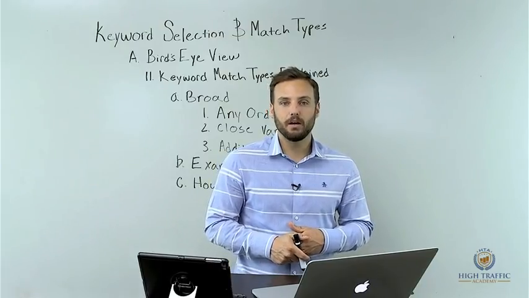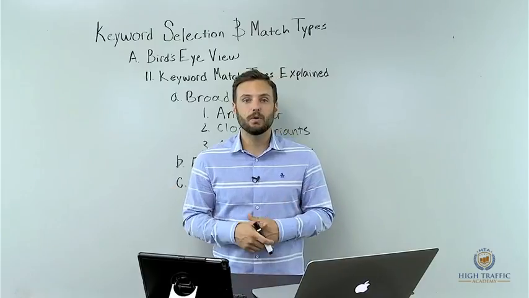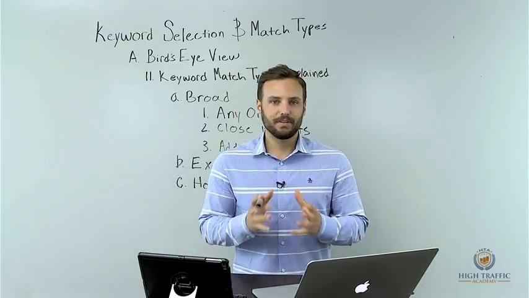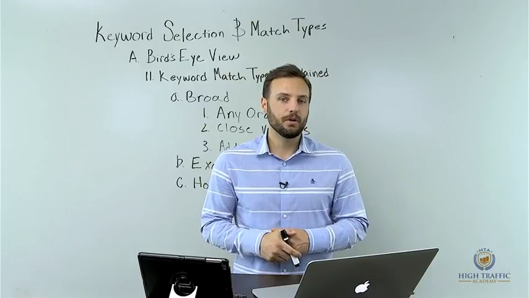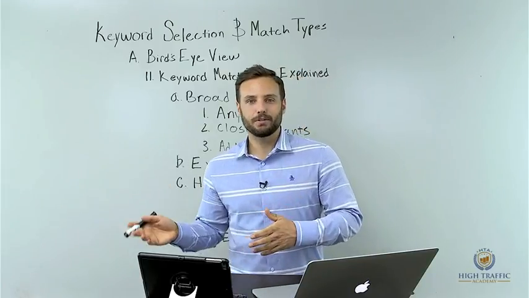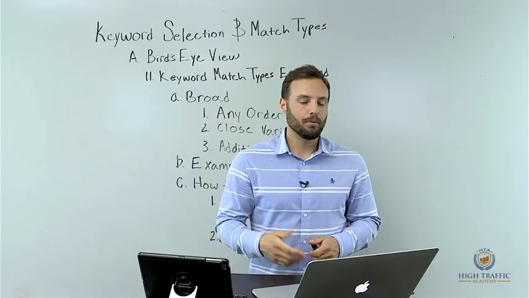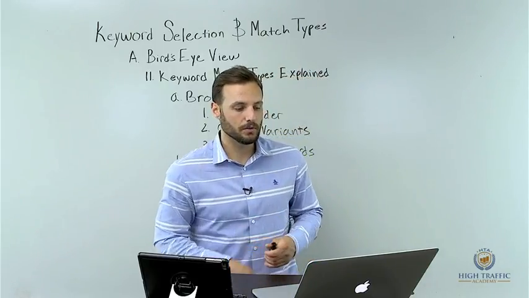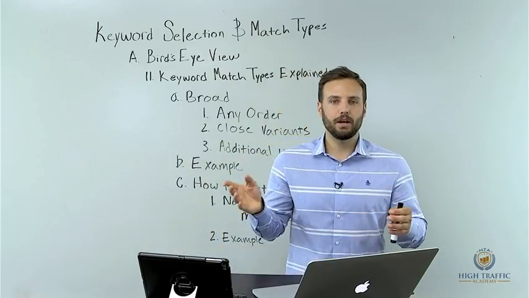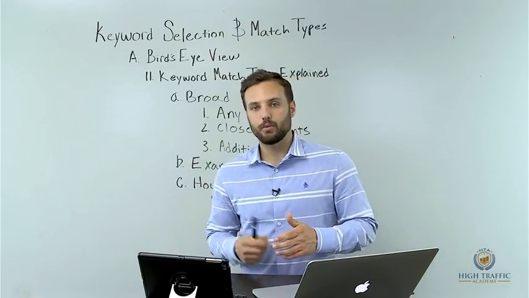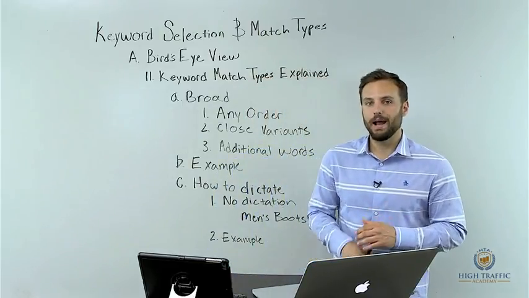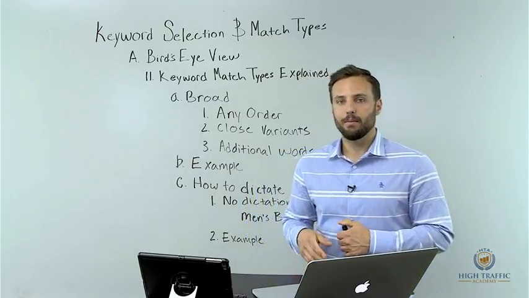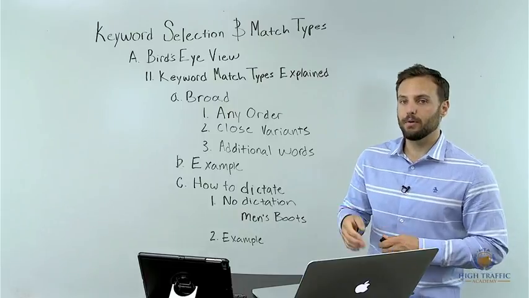You can spend money on keywords or phrases that don't convert, and it can really just be a big hindrance if you've set it up and all your keywords are broad match and you blow through a budget and wonder why. It's because of this. It's because, as you see in Google's example, there are so many different variations in broad match that the word could show up for and trigger your ads for, that it's hard to really hone in on that user and make sure you're capturing them at the point of intent.